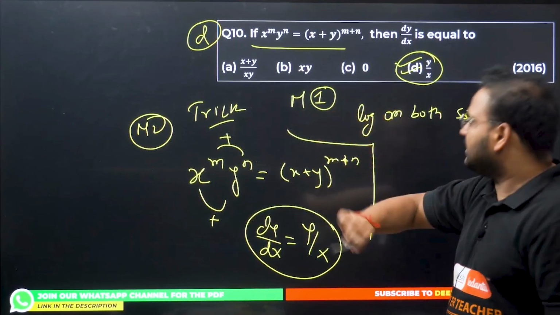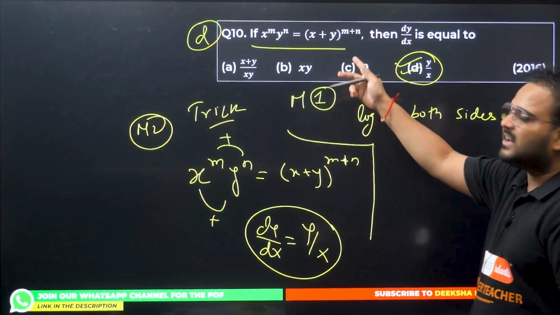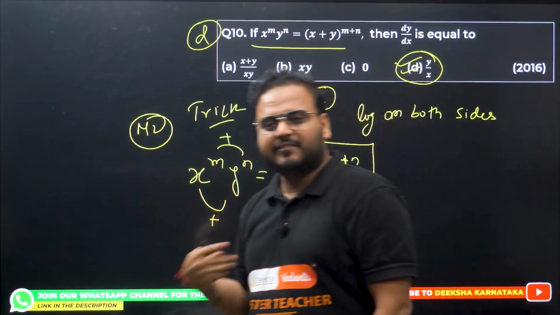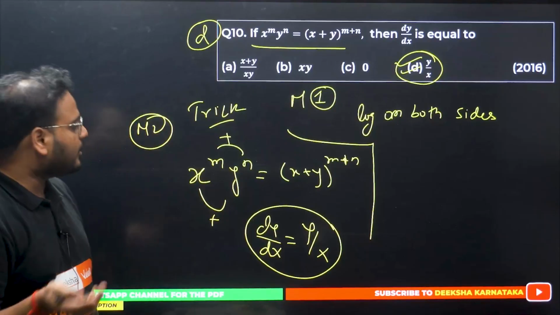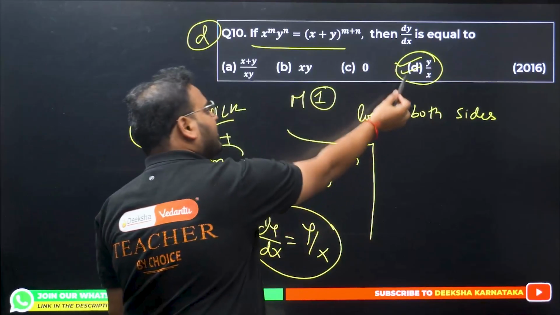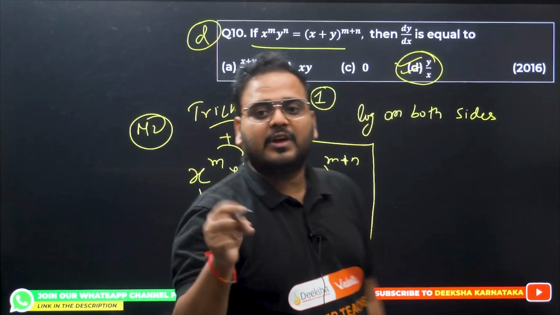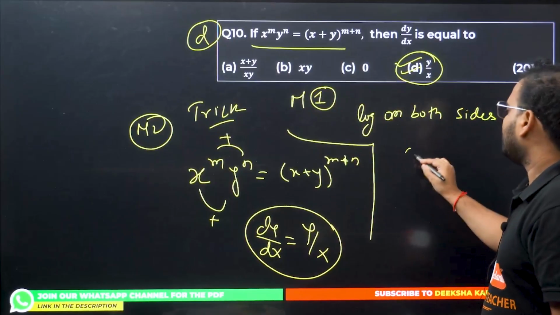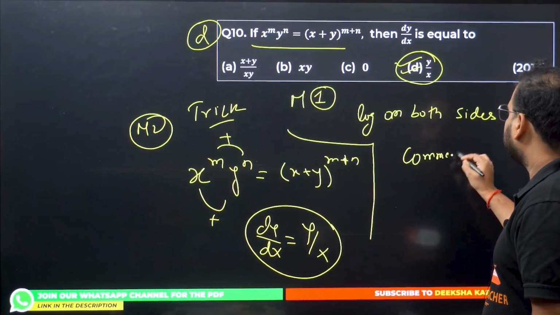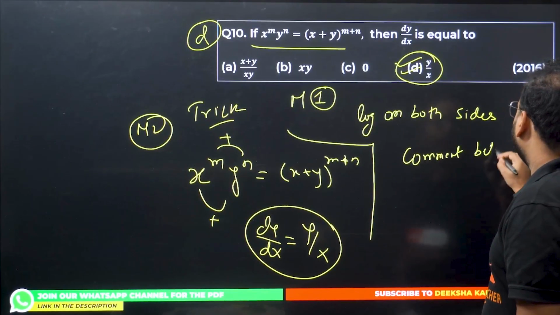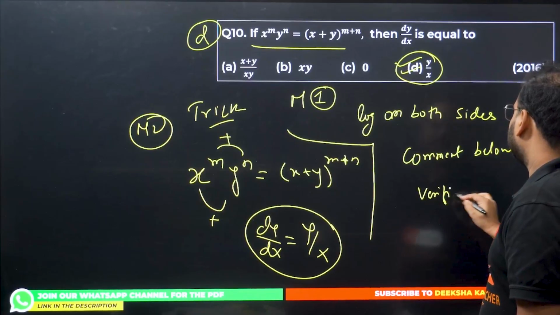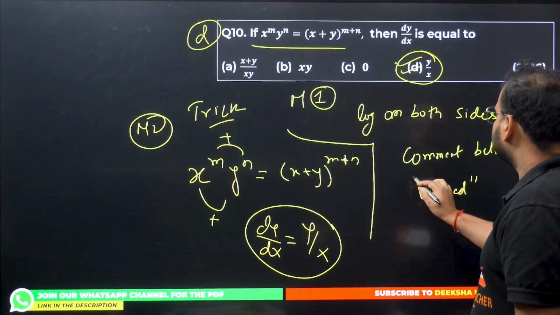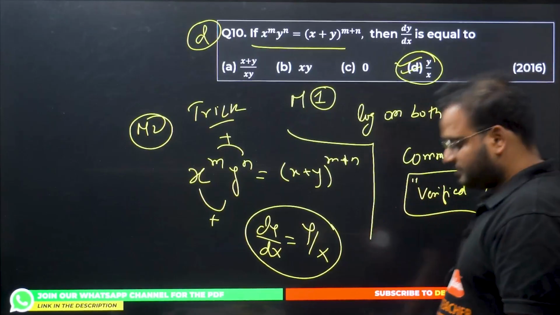But method 1 is take log on both sides and keep differentiating. It will take half a page of derivatives. I think 5 to 6 steps it will take, and then you can get the same answer, option D. Just comment below whether you verified it or not. Comment below that it is verified, sir. Check once, it will come like this, my guarantee.